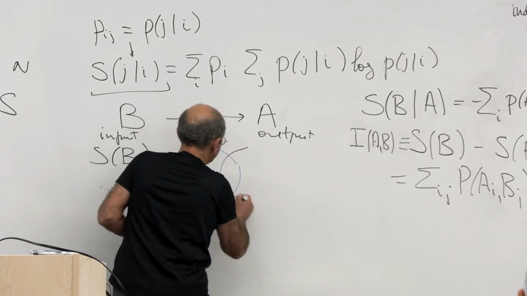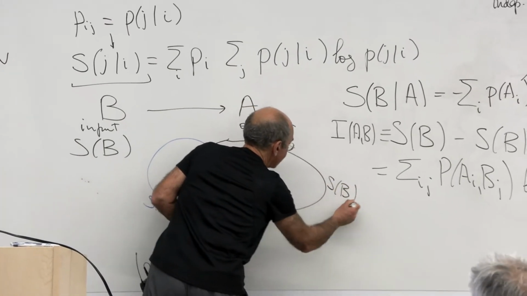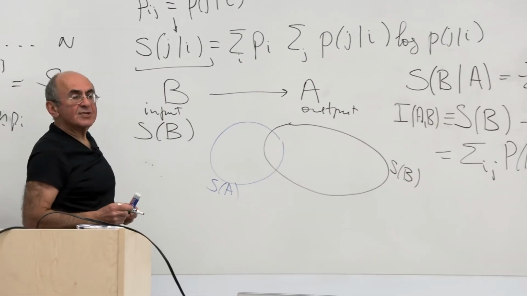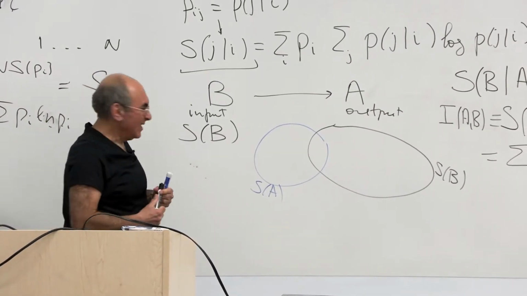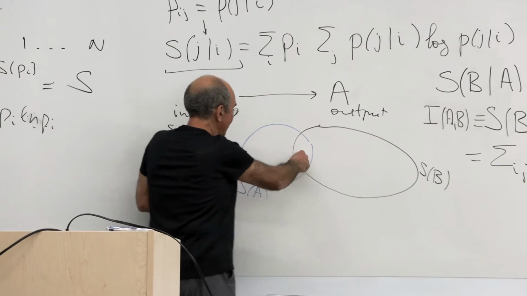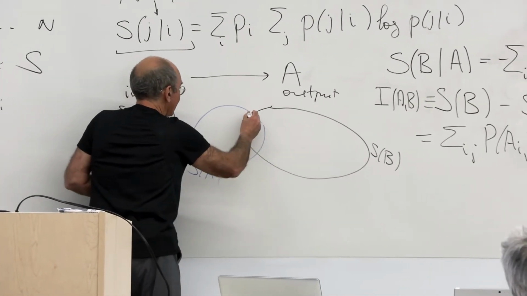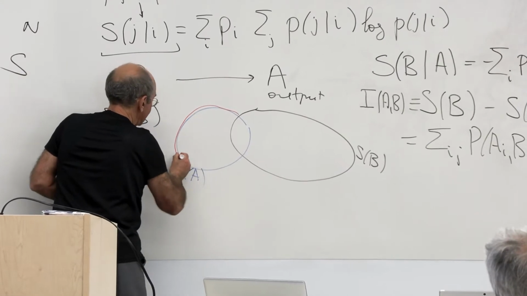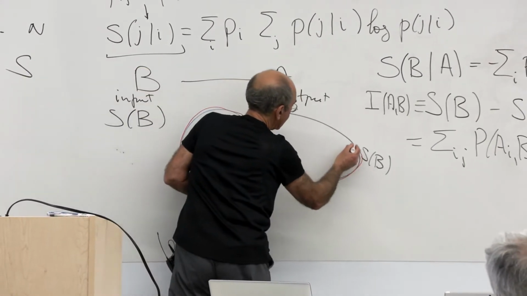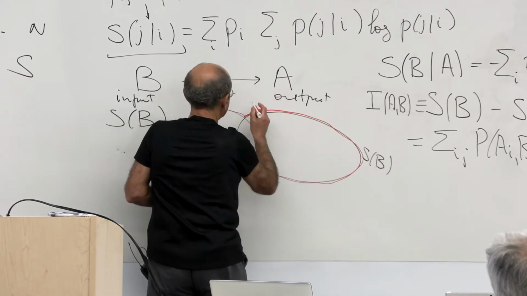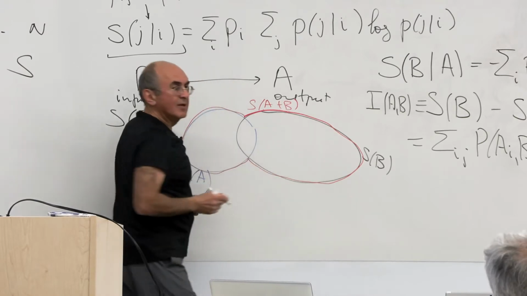And then you can have S of B. What is here S of A plus B? There is a set where they are interdependent, and there is an envelope of it. So this red one outside is S of A plus B.